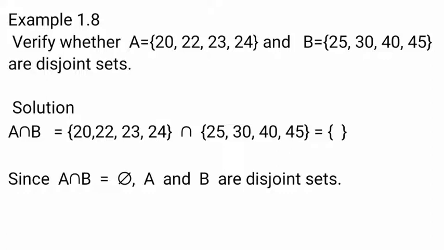Any common elements? 20, no. 22, no. 23, no. 24, no. Therefore, no common elements, that is equal to the empty set. Since A intersection B equal to empty set, therefore A and B are disjoint sets. Can you understand?